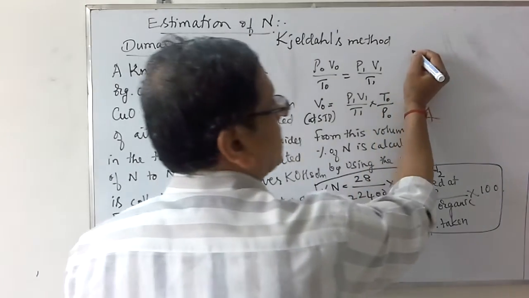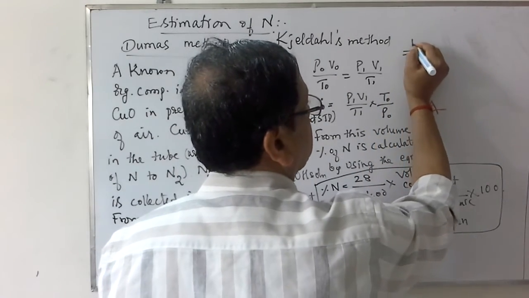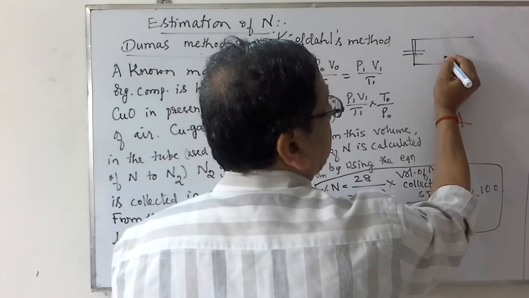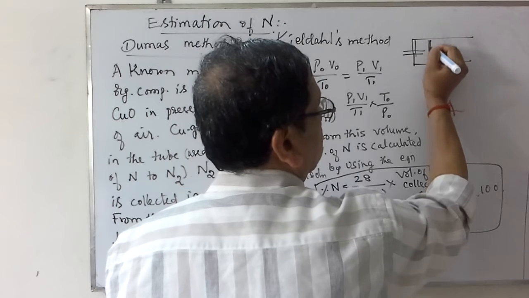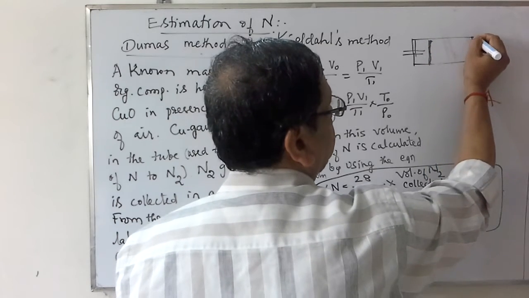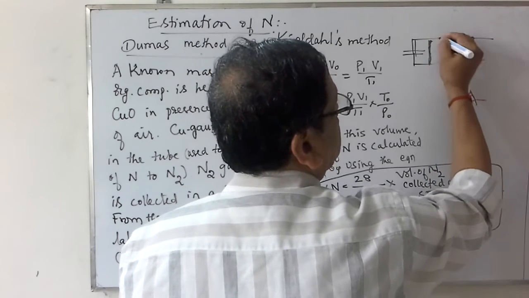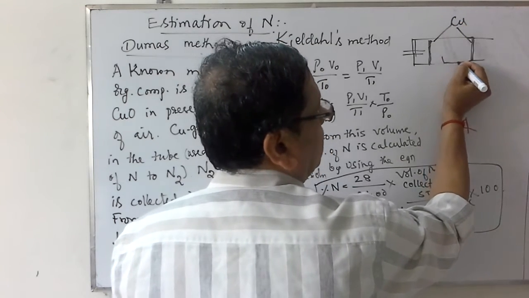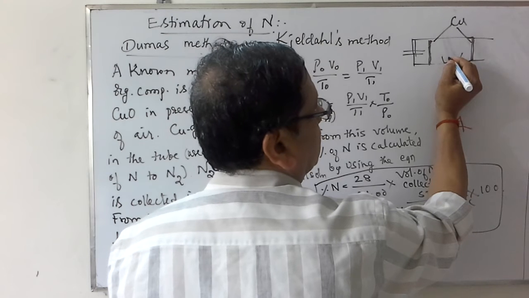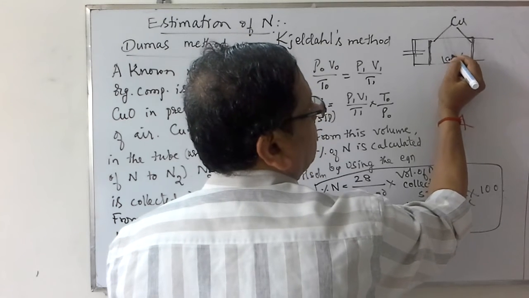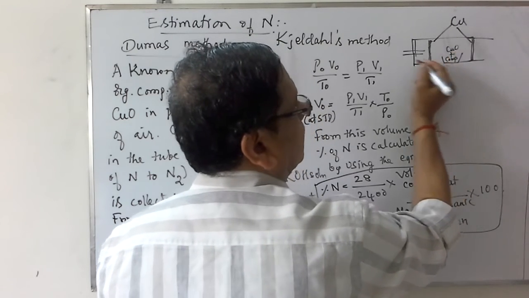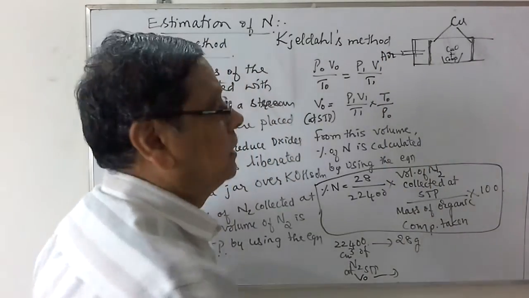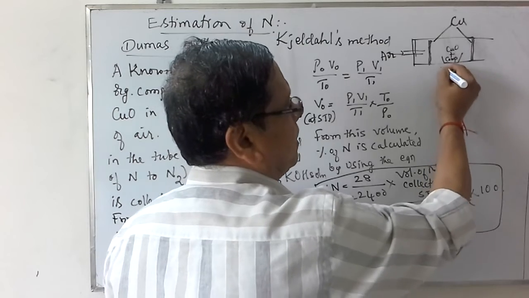So the simple experimental explanation can be given like this. Assume that this is the hard glass tube. Here we are keeping 2 copper gauzes, one in the beginning and one at the end. Here we are taking a known mass of the organic compound plus cupric oxide. Here we have to pass the air. Then this is heated by using a burner.